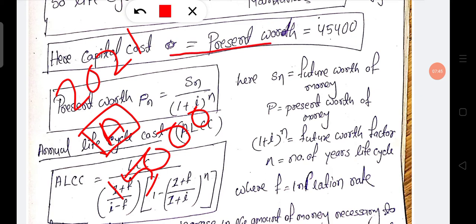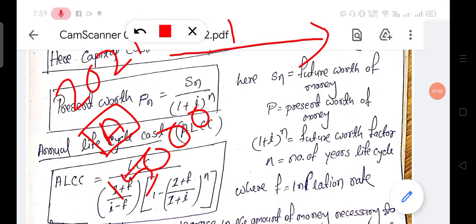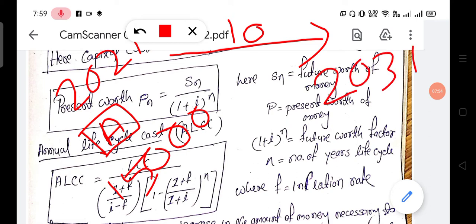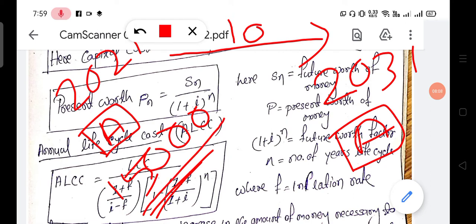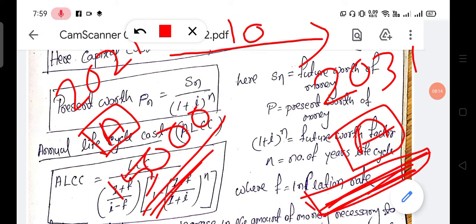But after 10 years, let's say in 2031, that machine A is not 15,000, it may be 16 or 17, higher than the present worth. This is called future worth, and that future worth is always greater than the present worth.